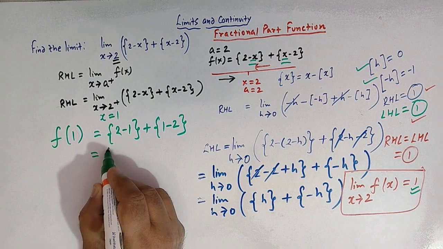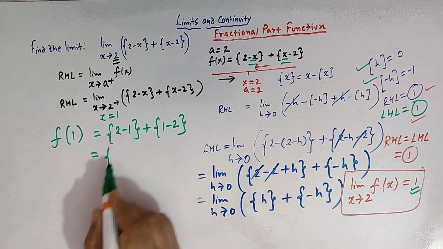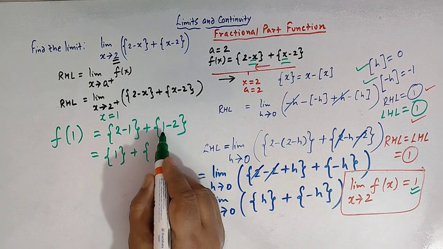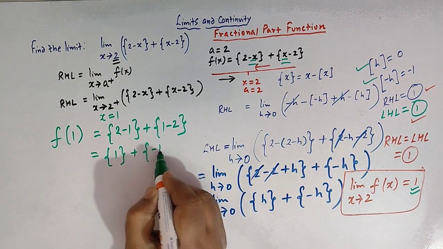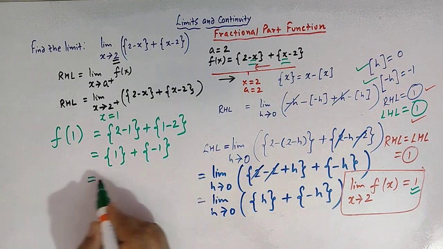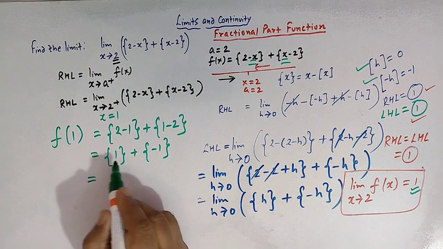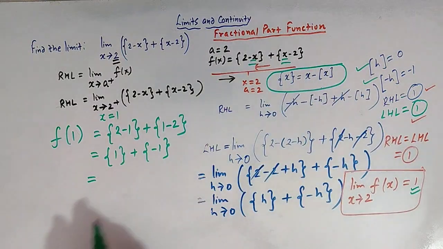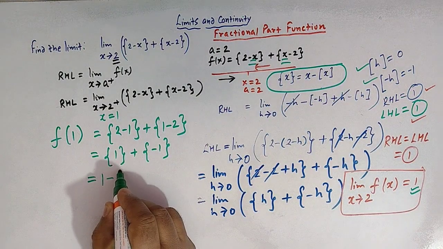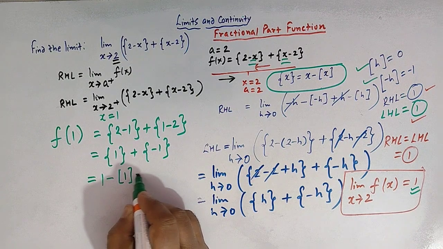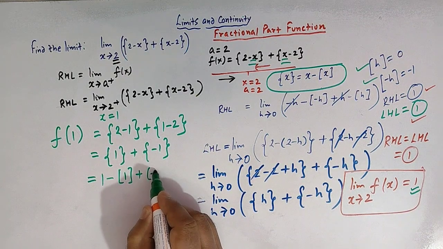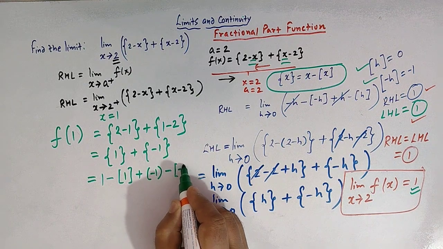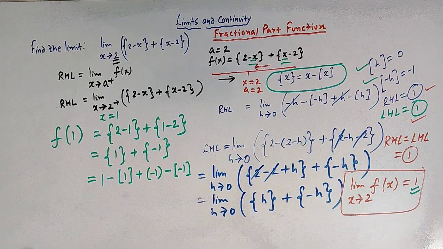So now fractional part of 2 minus 1 is fractional part of 1, and here we have fractional part of 1 minus 2, that is minus 1, right? So now to find out the value of fractional part of 1, we can take the help of this definition. So we have 1 minus the greatest integer of 1, and here we can write minus 1, and then minus the greatest integer of minus 1, right?